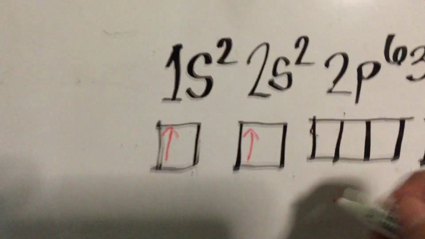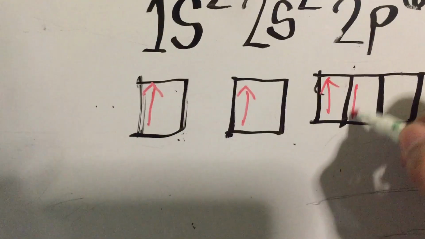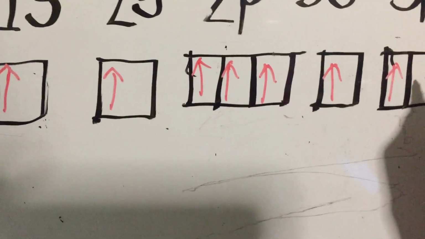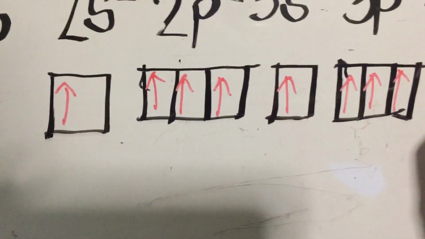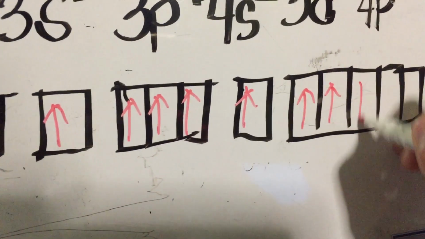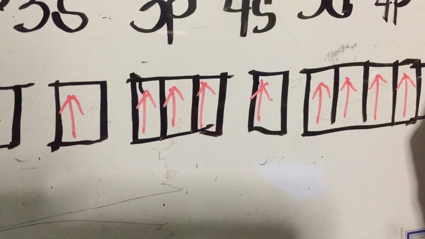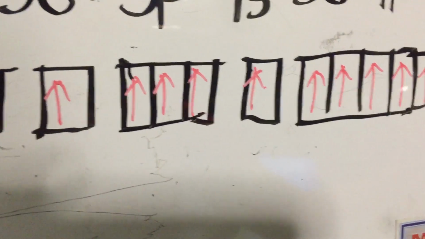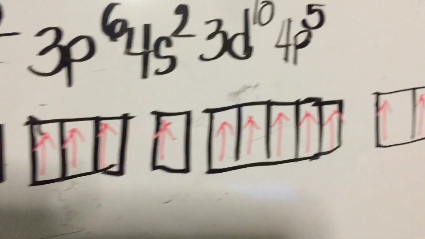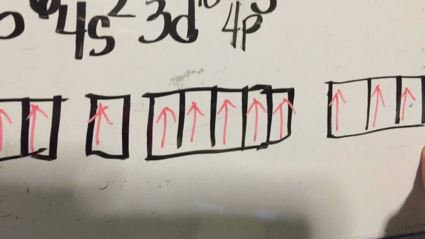So 1, 2, 3, 4, 5, 6, 7, 8, 9, 10, 11, 12, 13, 14, 15, 16, 17, 18. Okay, nalagyan na natin lahat mula dito sa dulo.